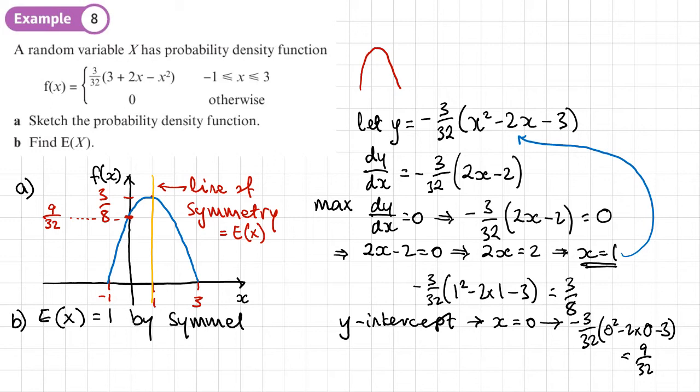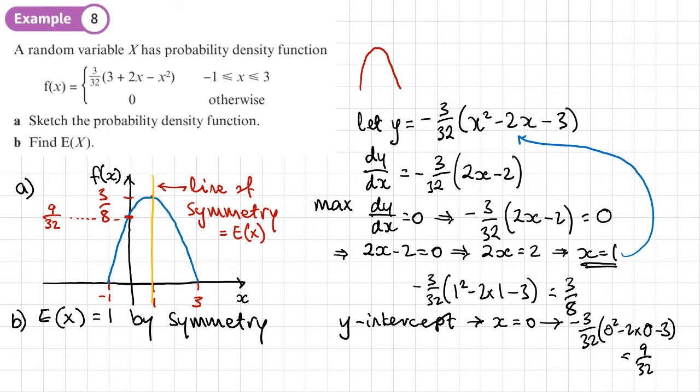The same rules apply when you've got a discrete random variable and a table. If there's symmetry in the table, you can say the mean is a particular value by symmetry. The same applies here with this continuous distribution.